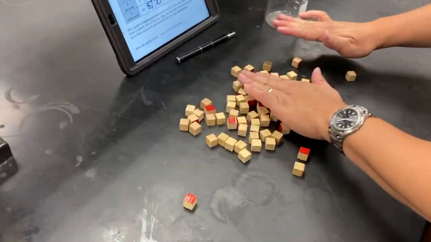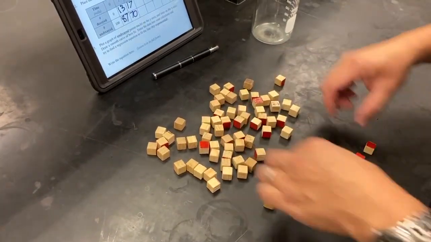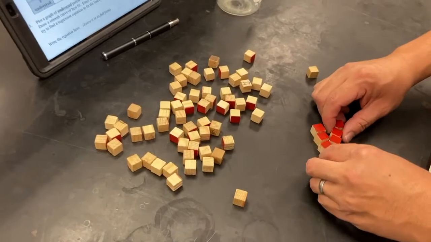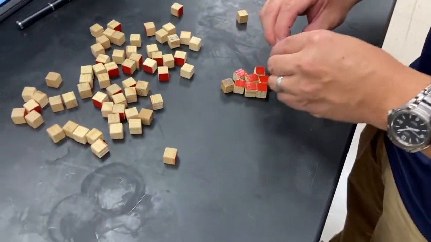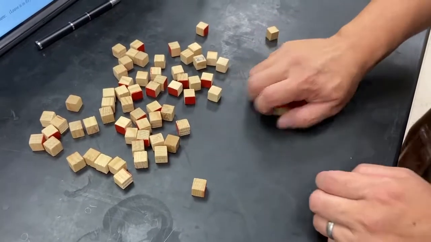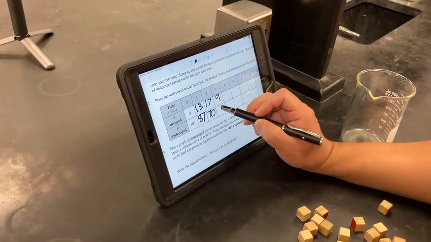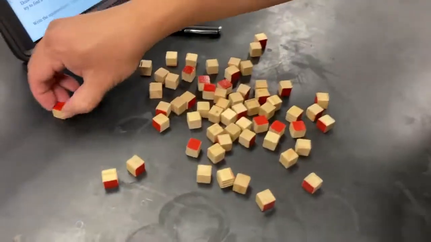Cubium! All right, this was the 70 cubes. One more. That one snuck in there. He's not red. Okay, so it's 9. Cubium!